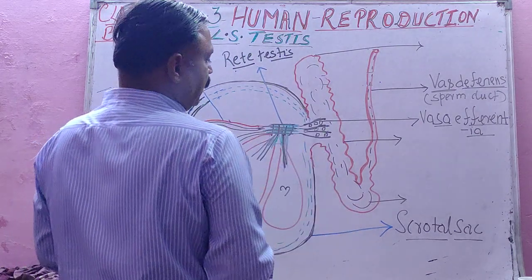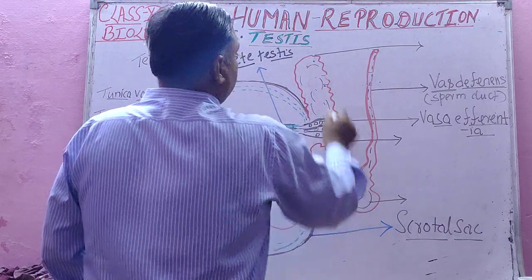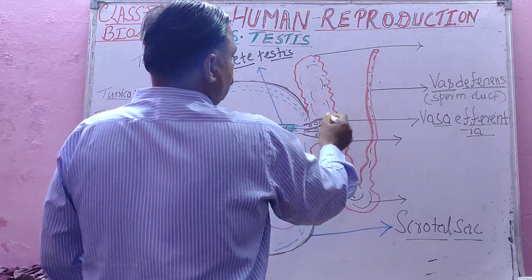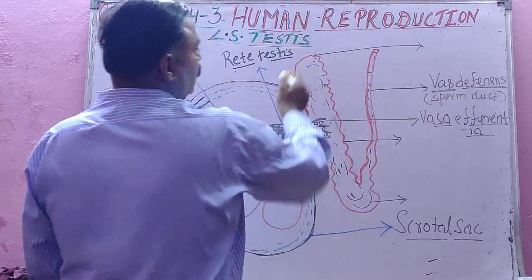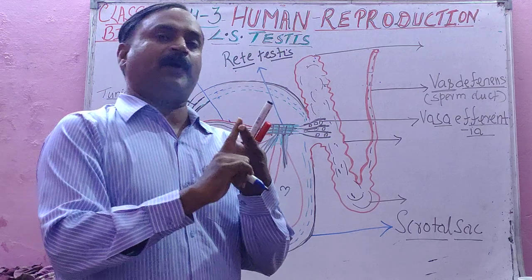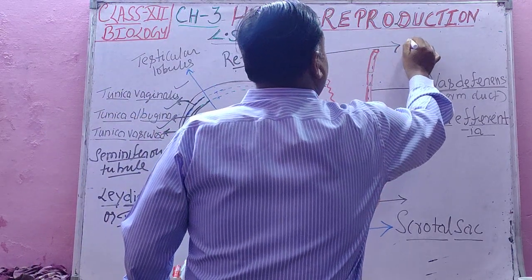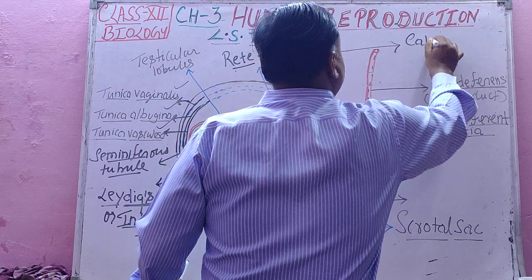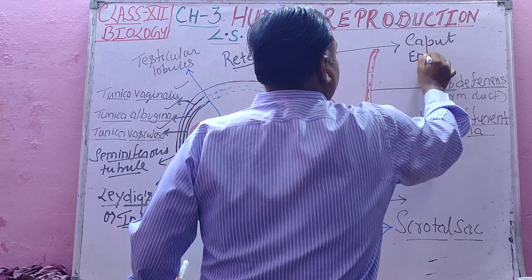Student, observe this last concluding part of this LS very carefully. This is vasa efferentia and this is epididymis. Epididymis consists of three parts. The upper is called caput epididymis. Caput means the head.